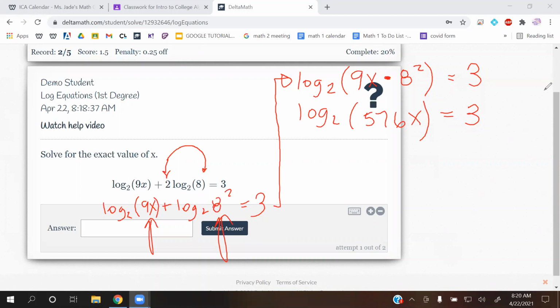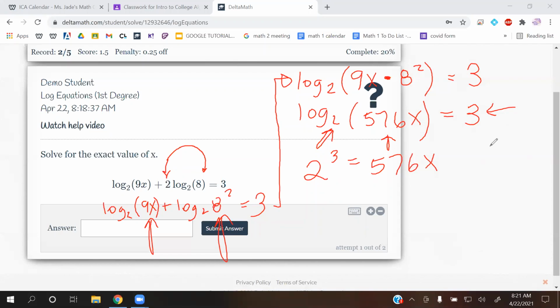Anyways, so after you get one single logarithm like we have here, we can now convert it into exponential form. So you take your base, which is a 2, raise it to the power of the exponent, which is 3, equals the value, 576x. So 2 to the power 3 is equal to 576x.